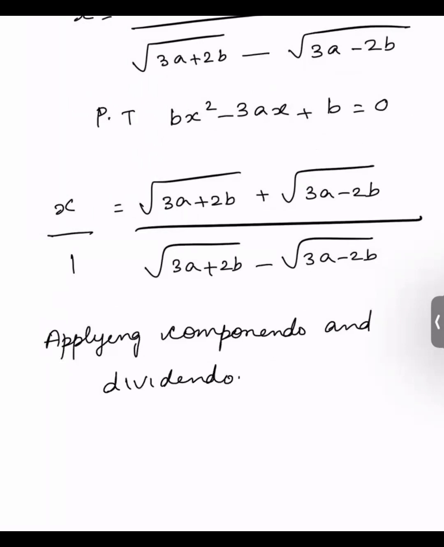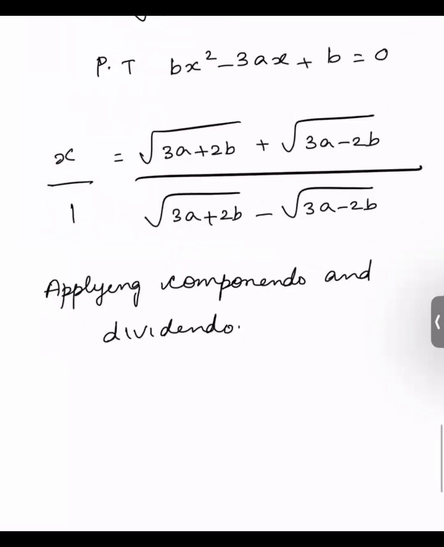When I say applying componendo and dividendo, remember the rules. A plus B divided by A minus B is equal to C plus D divided by C minus D. Here, which side should be considered as A?